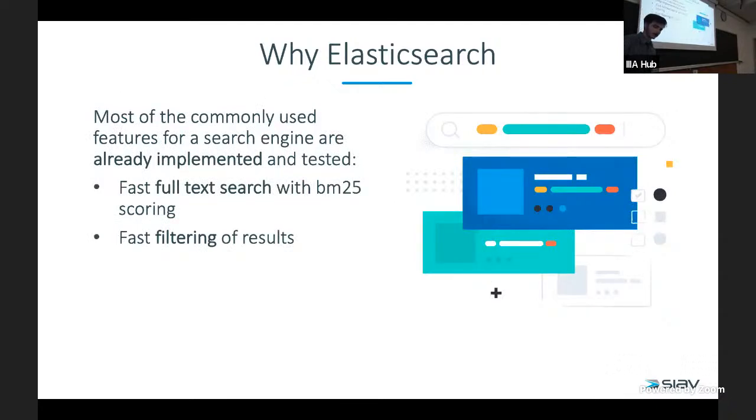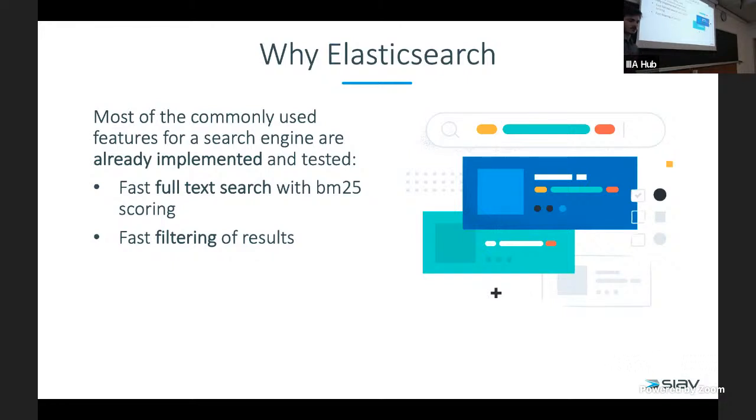Finally, and this is the last slide regarding Elasticsearch, is the most obvious reason: the main features that we have to use are already implemented, and they are implemented in a very solid way, and we know they work without major issues.